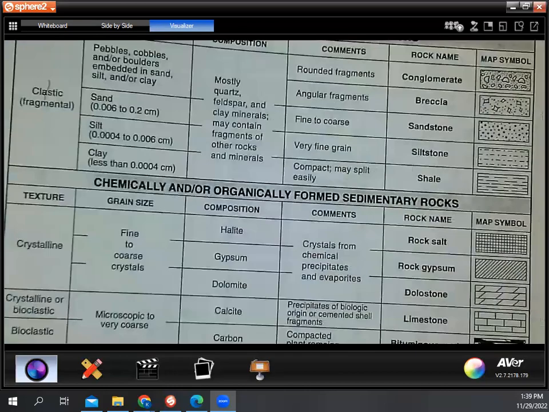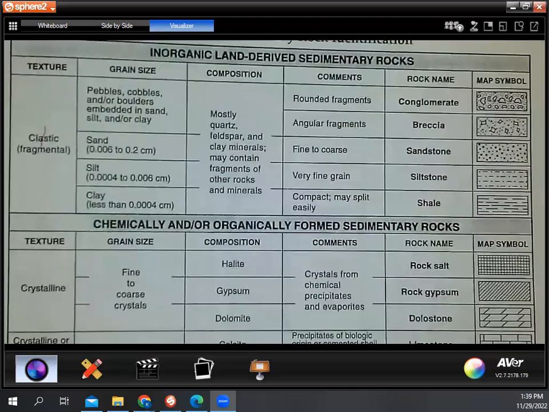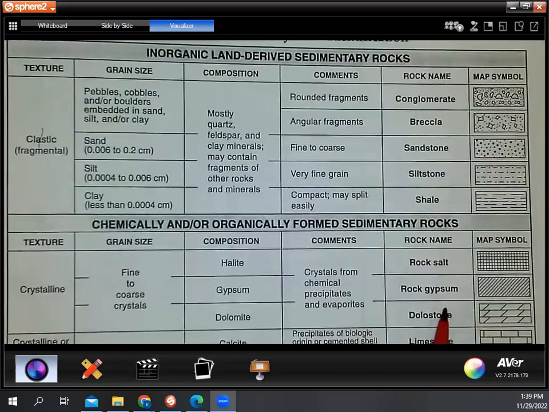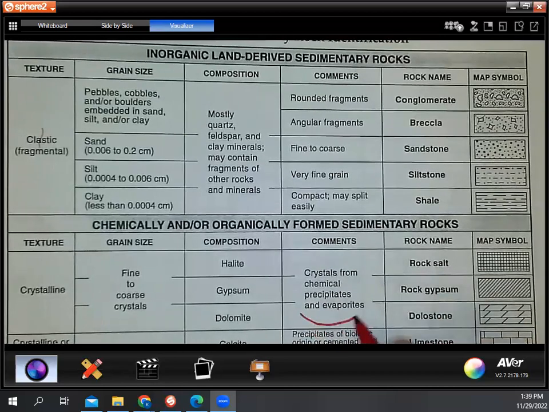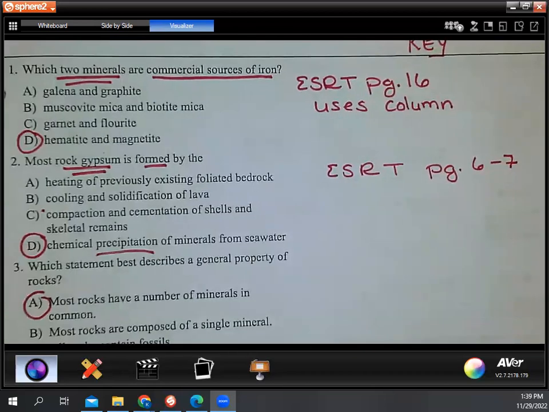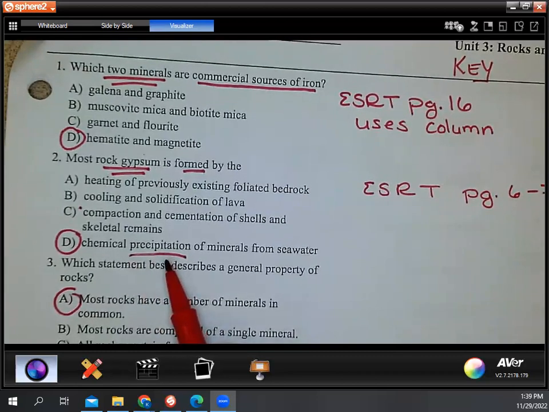It is a sedimentary rock, so I'm going to go to the sedimentary rock table. Next to rock gypsum in the comments section, it tells us how it forms. It's crystals from chemical precipitates and evaporites. And if we look at question 2, it mentions chemical precipitation of minerals from seawater.